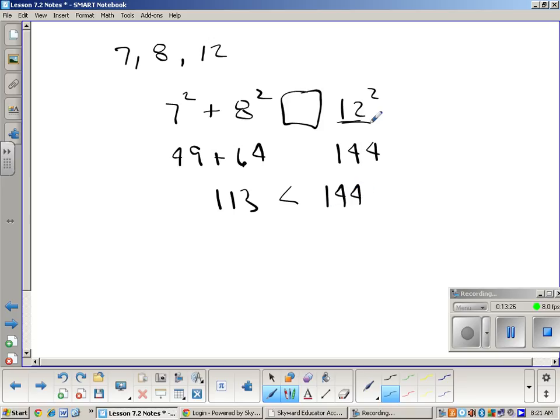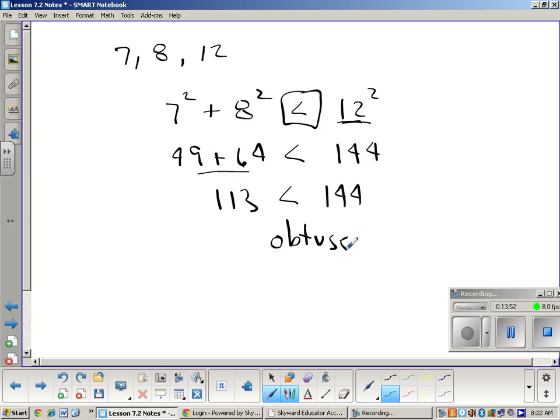So the side that's all by itself squared is bigger than the other two. That makes it what kind of a triangle? Obtuse. So if this side squared is bigger than the other two, then that makes it an obtuse triangle.